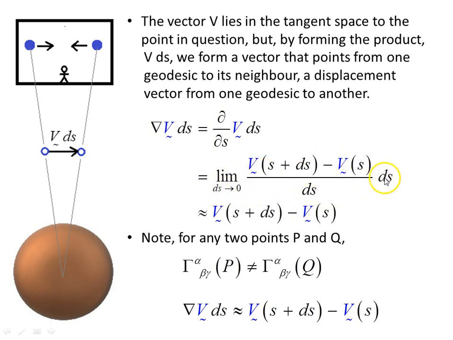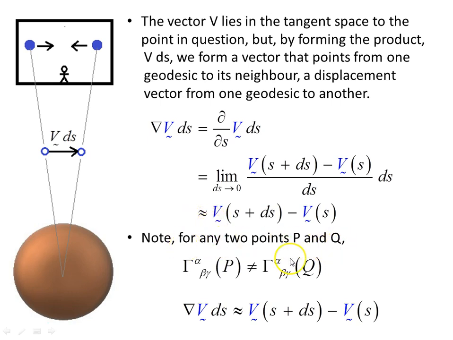These ds's cancel out and we're left with, and I say it's only approximate, but so long as ds is infinitesimally small, then this minus this is approximately valid. Imagine on a manifold the point P and a second point Q infinitesimally close to it, then you could roughly do the vector subtraction. It's not absolutely true, but approximately true.